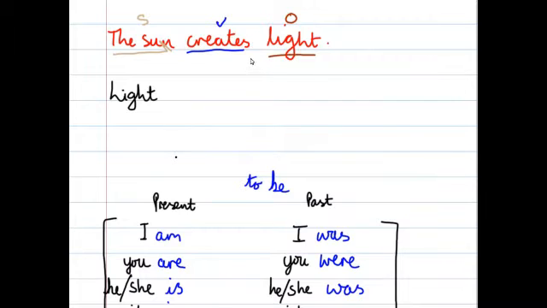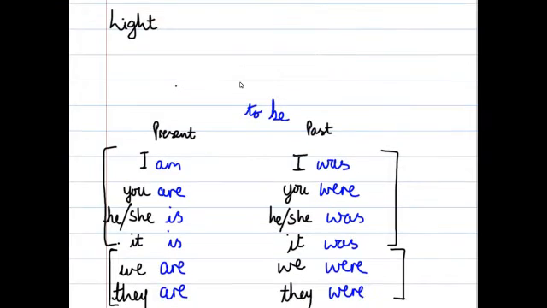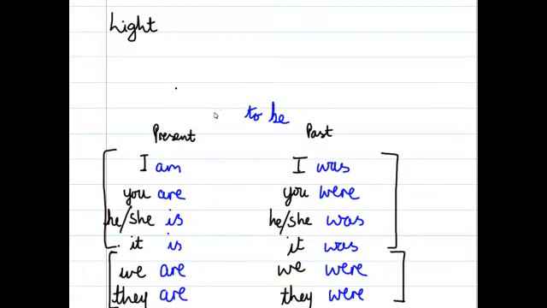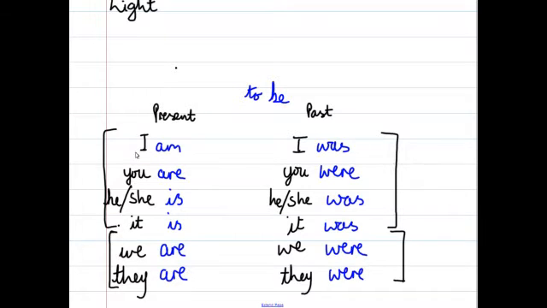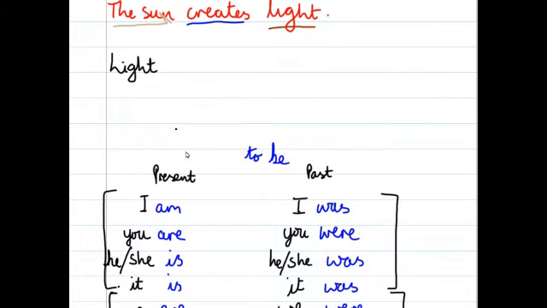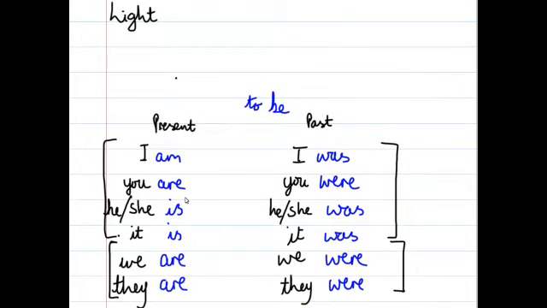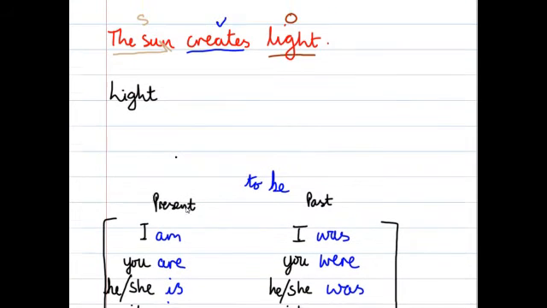Because creates, the original verb is in the present tense, it's not in the past tense, we need to choose the correct present tense here. Now we're not going to use am, which we did for the other one, because that just doesn't sound right. Light am. So we're using the third person here, is. So light is.